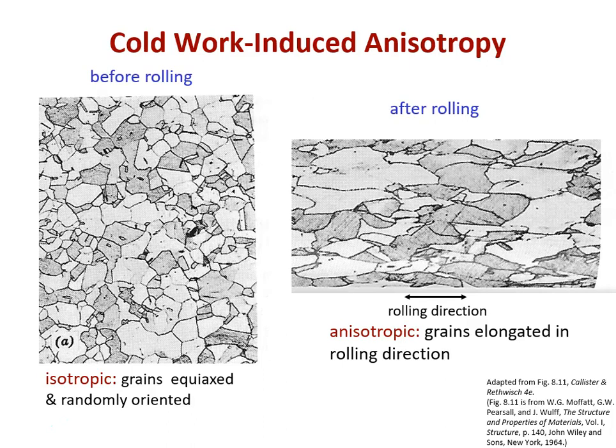But regardless, whichever grains are lined up to take advantage of the maximum resolved shear stress based on the applied loading, and are crystallographically oriented such that their closest packed planes and directions are also lined up with that resolved shear stress, they're going to move first, and as a result of their dislocation movement, they're going to deform and elongate.